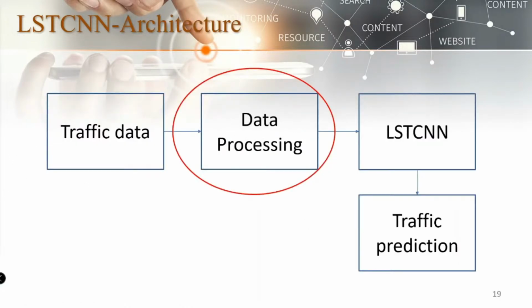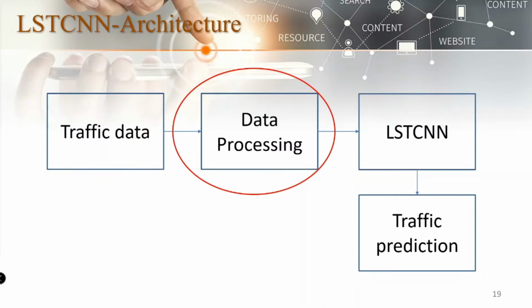In order to consider the spatial temporal dependence of traffic data at the same time, we design a lightweight neural network model based on CNN, but CNN can only capture the data features of the region.